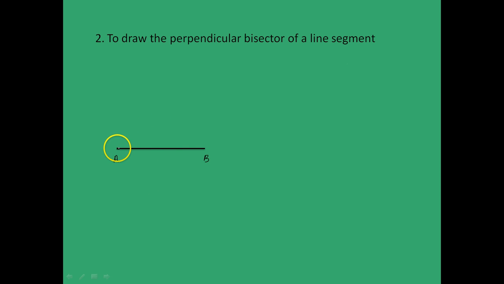Start off by choosing any radius on your compass, but it should be visibly larger than half the length of this line segment. Say if AB is equal to 3 centimeters, your radius should be at least greater than 1.5.